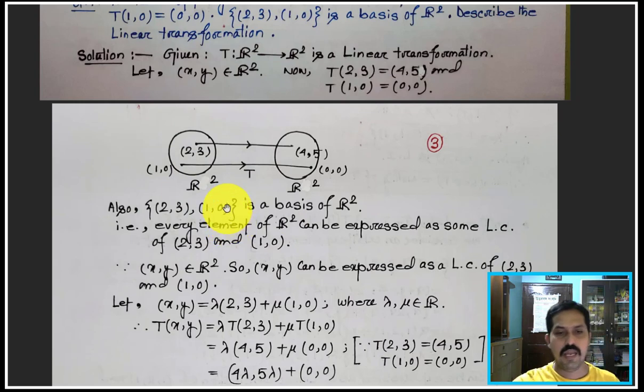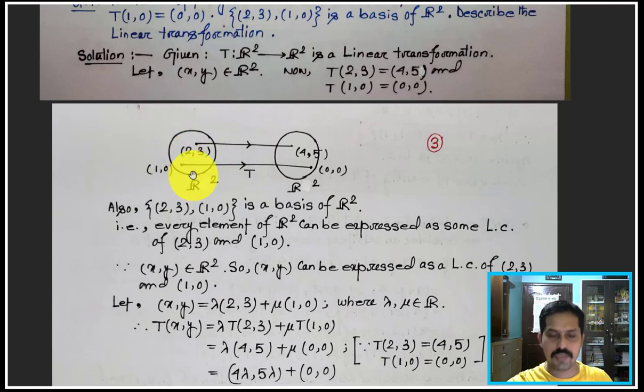Now what is a basis? Actually, a basis is a set whose elements are linearly independent, and with the help of the elements of the basis we can generate the whole domain set.